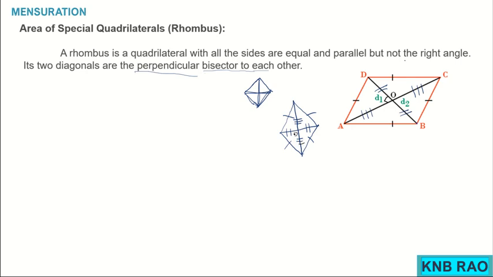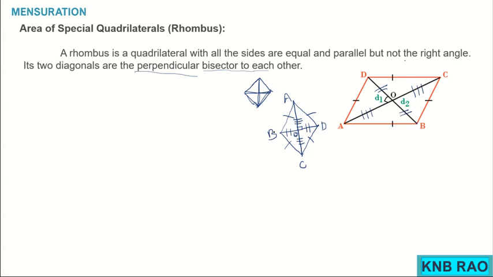As I said, O, the point of intersection of the diagonals, will certainly be the midpoint of both the diagonals AC and BD, and even the angle at O is a right angle, that is, angle AOD is a right angle. That means we have got totally 4 right angle triangles formed here, right. So, this is how it looks.